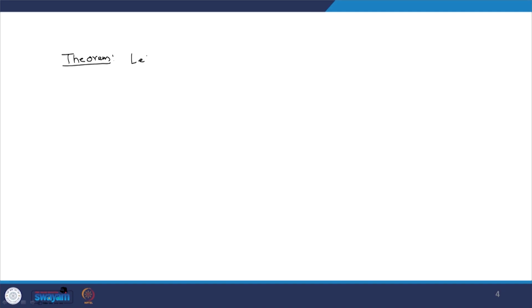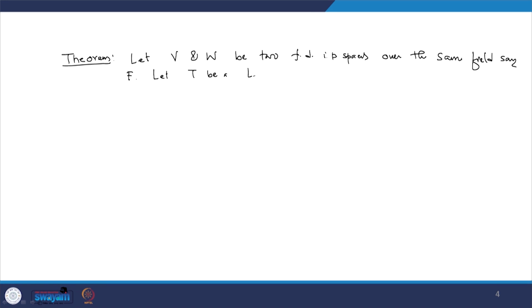It is saying like this: let V and W be two finite dimensional inner product spaces over the same field, say capital F. Let T be a linear transformation from V into W. Then the following statements are equivalent.